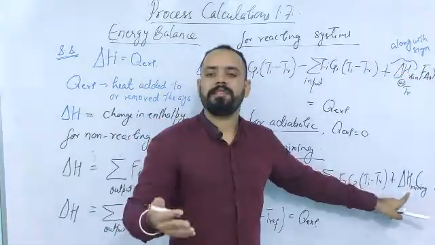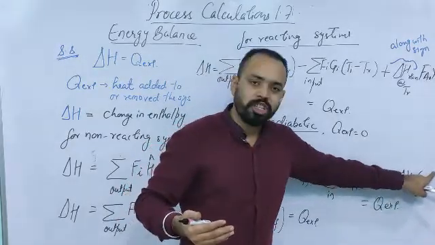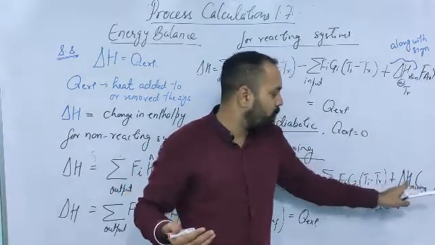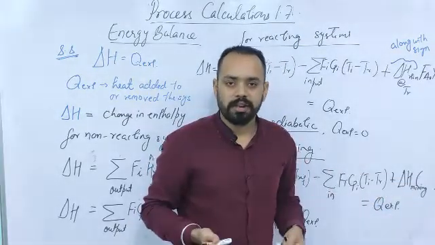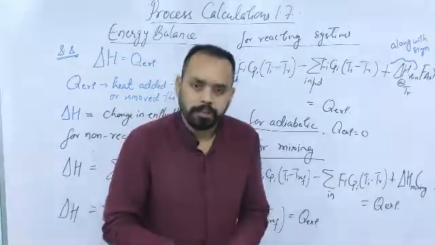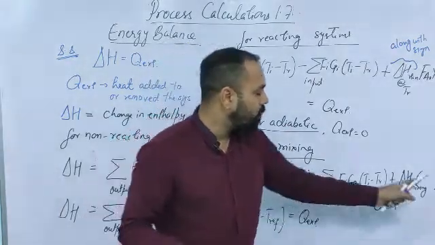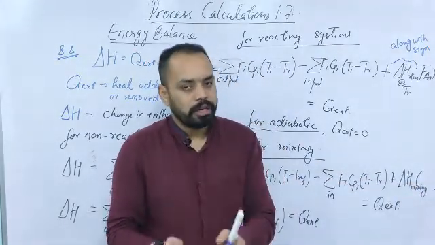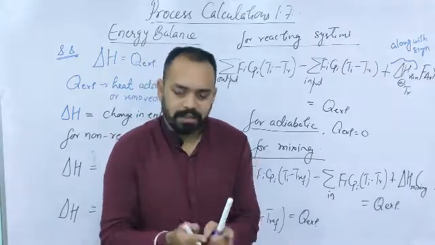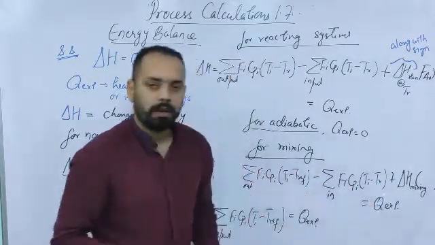Similarly here, enthalpy of mixing is generally given as kilojoule per kg. So unless you multiply it by kg per second, I am not multiplying this enthalpy of mixing by a term because I do not have the question right now and do not have the proper information here. So whatever proper information is given to you in the problem, just multiply so that you can get the unit of energy by time. If you are getting the unit energy by time, units are getting cancelled, then the equation is perfectly fine, and that must be equal to Q external.